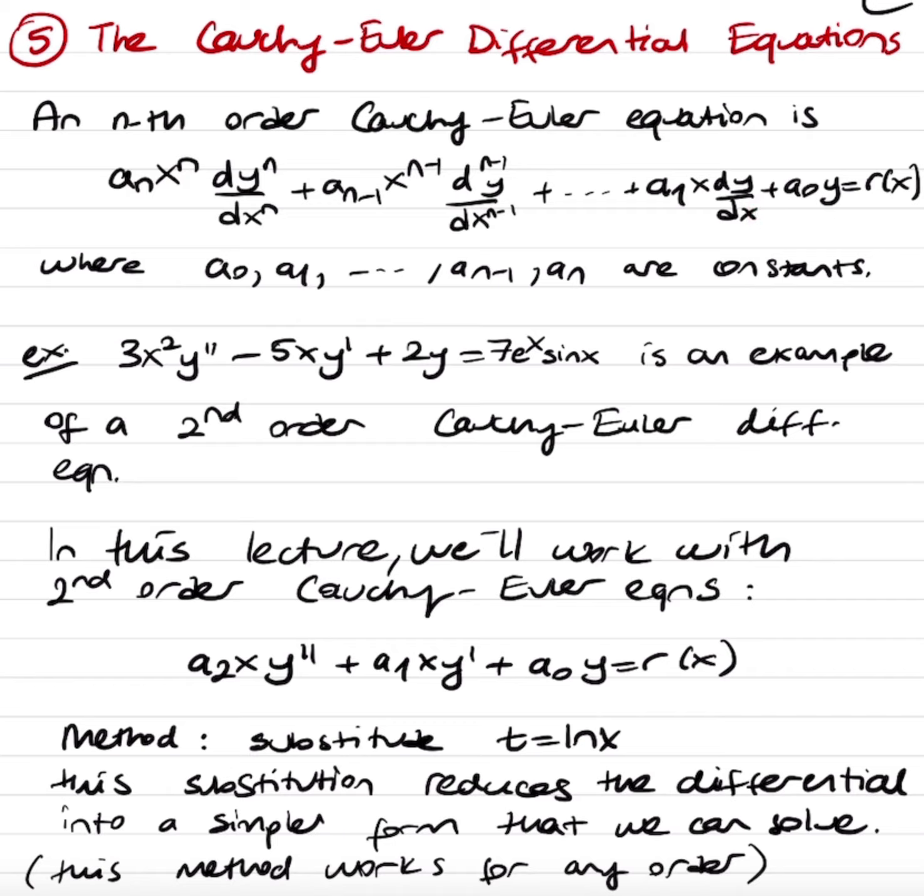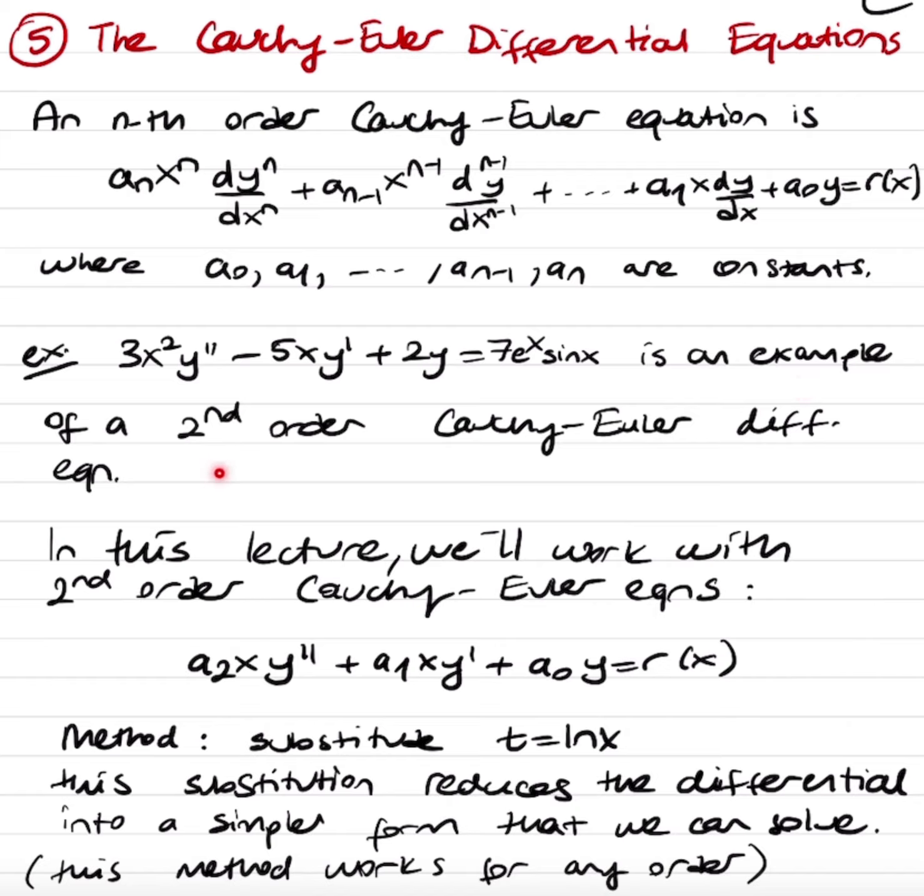So we have the first derivative, then we have x in front of the first derivative, a_1 x dy/dx, plus a_0 y, so we don't have any derivative here and we don't have any x here, is equal to some function of x, r of x. And where a_0, a_1 and a_n are constants, so for the nth derivative, the power of x is n.